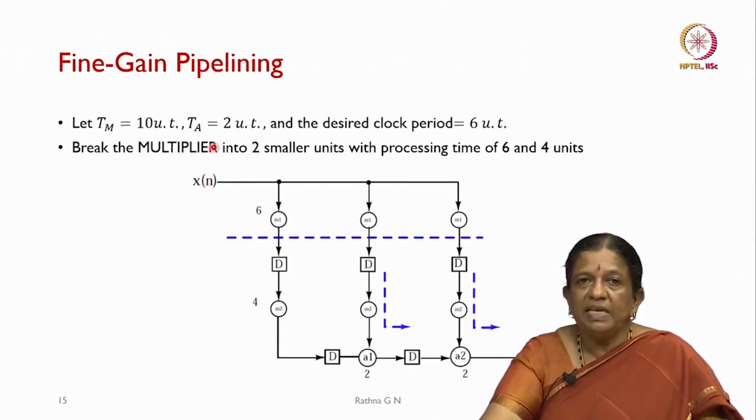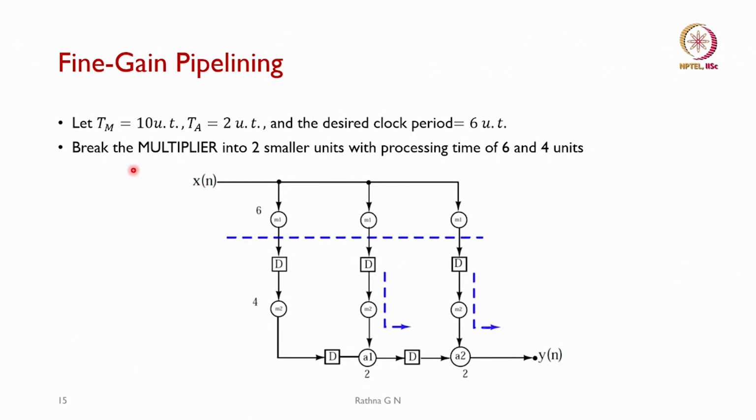Now, all of us know that a multiplier is going to take longer compared to an adder. So, as an example, we call this fine grain pipelining. Let Tm be equal to 10 unit time and the adder take 2 unit time, and the desired clock period is 6 units of time.